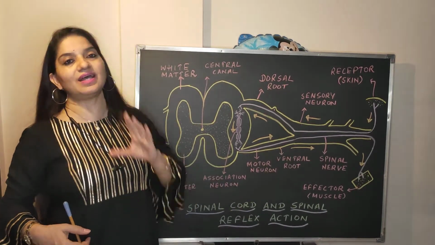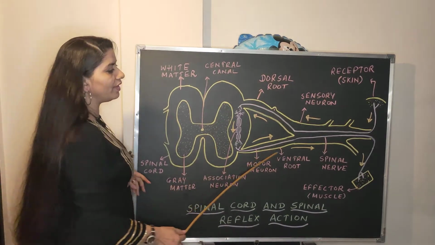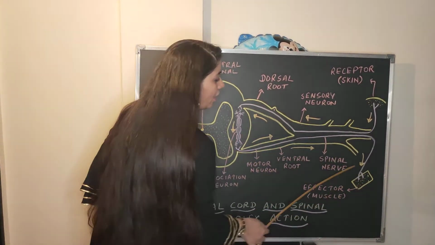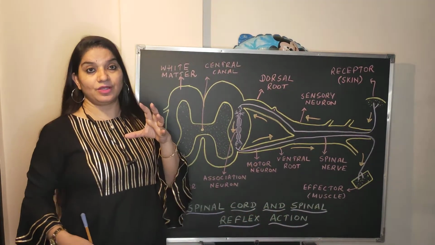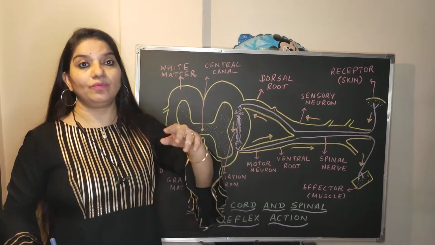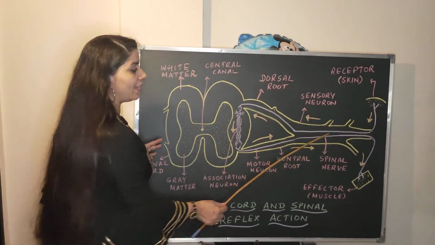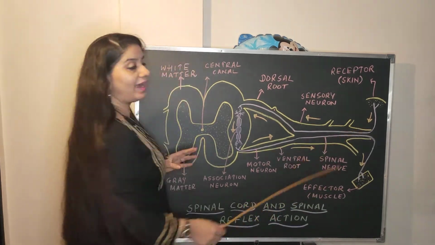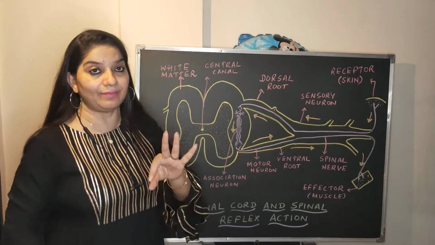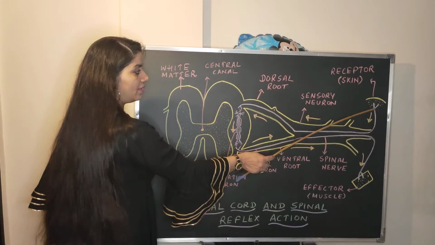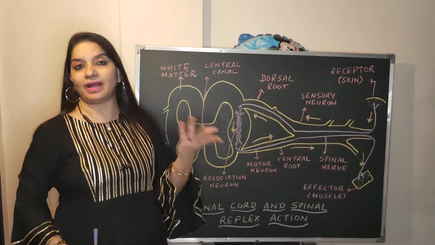And the arrows which are going out will always be the effectors. So wherever the arrows are going out, that part will always be the effectors. For labeling I am telling. And the part from which the arrows are coming inside will be the receptor.